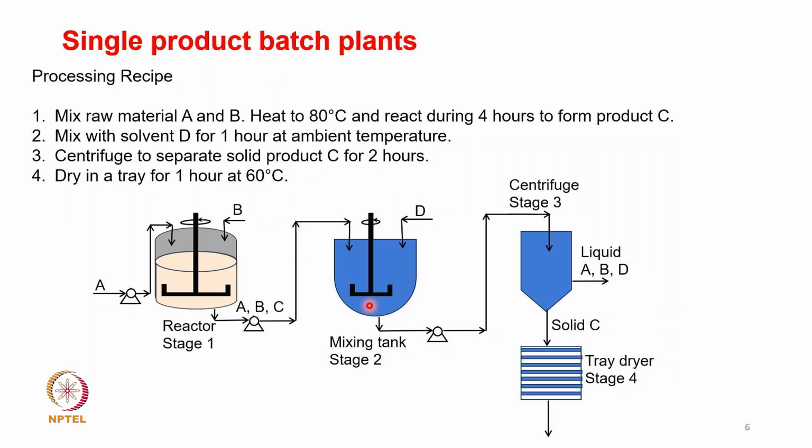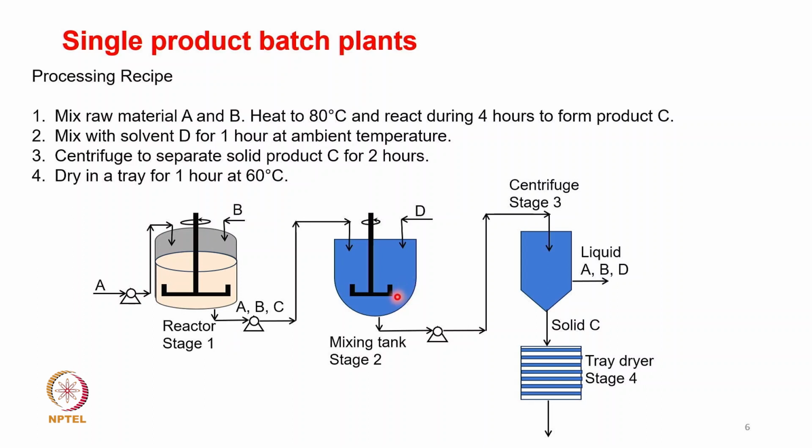In this mixing tank, we spend an hour at ambient temperature for separation, and the mixture is then taken to a centrifuge, wherein the liquids A, B, D are separated, and the solid C, which is the product, is taken out for drying and for subsequent process. Let us assume that. So all these equipments are now operating in batch, because the reactor operates first, then when the reactor operation is done, you transfer the process to the mixing tank.